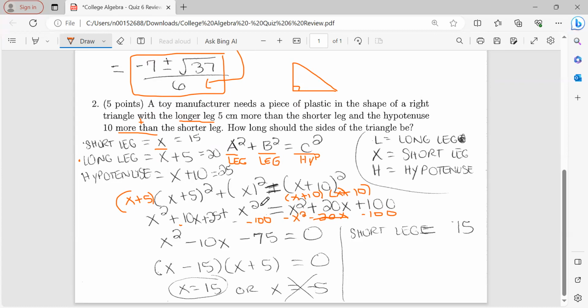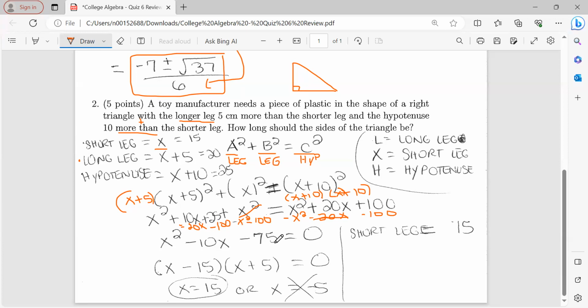One of our x squared terms is going to cancel. The x squared term we have in front, we just carry that down. Combining the x terms, 10x minus 20x gives us negative 10x. And 25 minus 100 gives us negative 75.